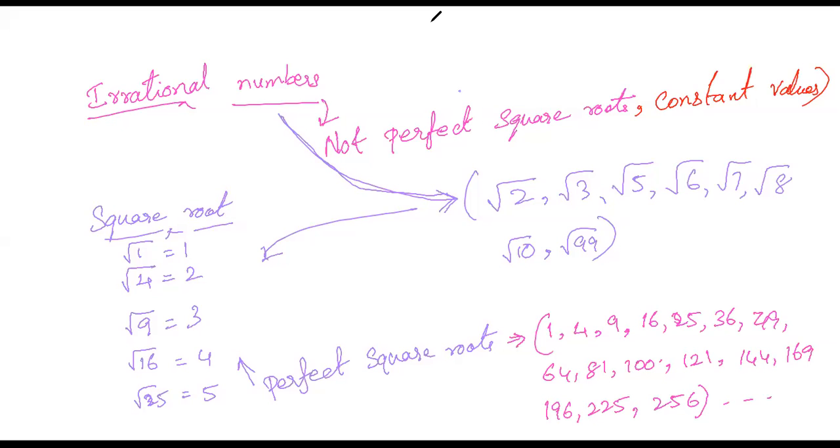Okay, I got a question. Do we always have to express irrational numbers within a square root? Yes, exactly. If we don't have a square root, then it becomes a rational number. For example, if we write just 2, that is a rational number. Square root 2 is an irrational number because we are not supposed to write square root 2 by 1.